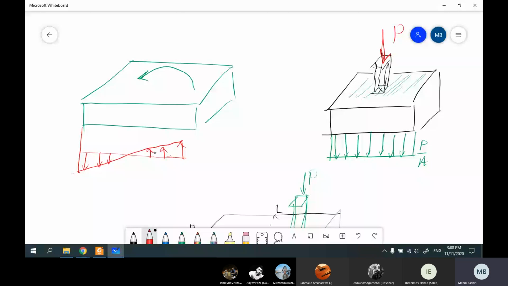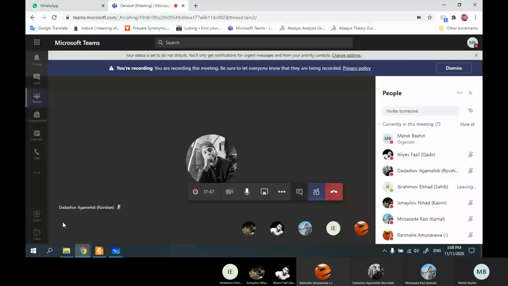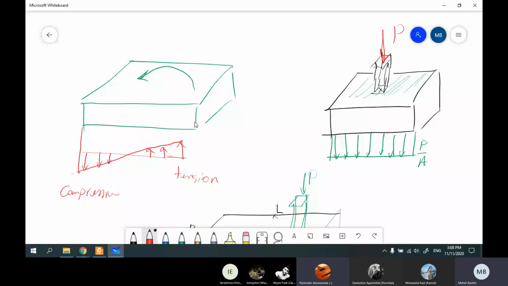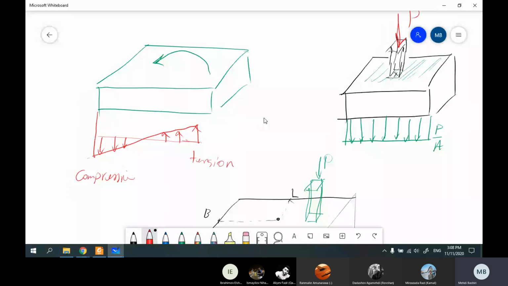So the left part is under compression, the other part under tension. Any questions so far? Is there any problem? Everything is clear.